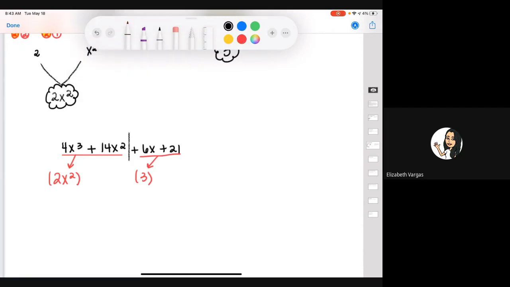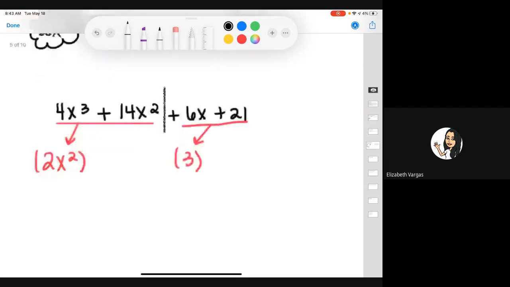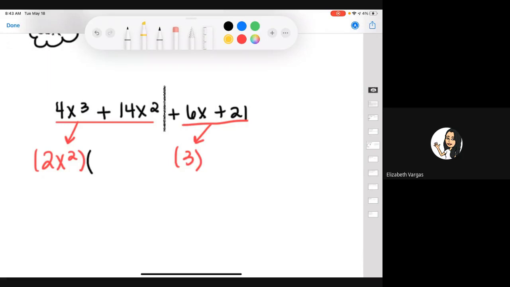And so now I'm going to go ahead and see what I have to multiply to that greatest common factor to get my original expression. So this first part, I noticed that I have a 2 here and I have a 4 here. And so therefore, I need to go ahead and multiply by 2. I notice here that I have an x cubed. Here I have an x squared.